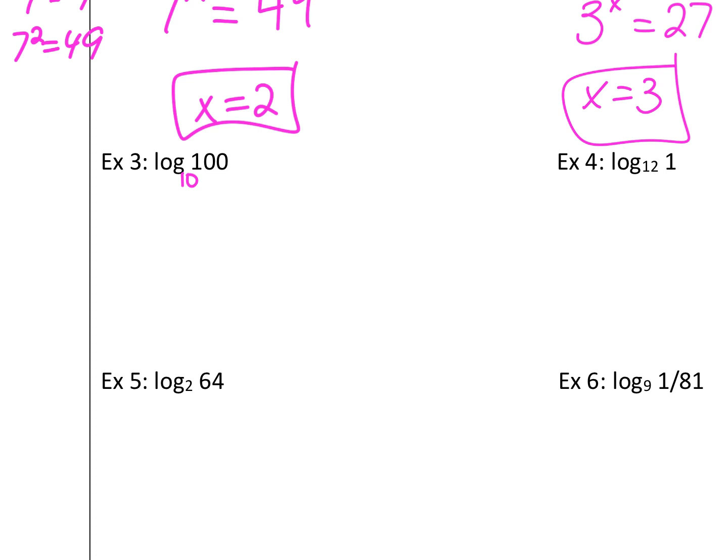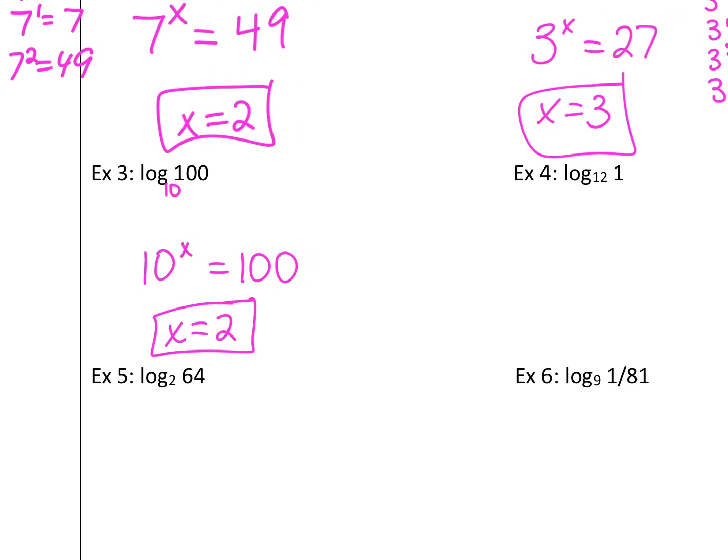So for example 3, 10 to what power is going to give me 100? If you think about it, it's not 10 to the 10th. We know 10 times 10 is 100, but 10 to what power is 100? That's going to be the second power. 10 squared is 100. Example 4 is going to be 12 to what power equals 1.